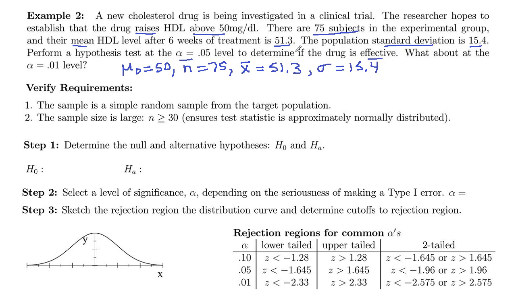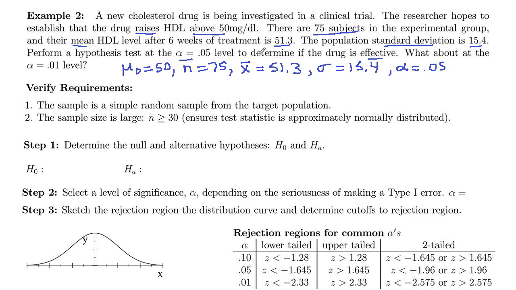So effective means that it raises above 50. So our alpha is 0.05, and then what about alpha is 0.01? So first alpha 0.05, and then we'll come back and look at 0.01. So verify requirements. The sample is a simple random sample.